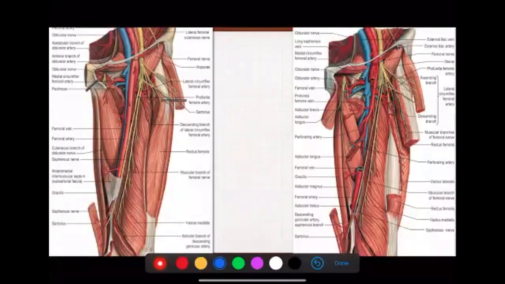You remember the adductor canal also. So this one is the saphenous nerve; identify that.